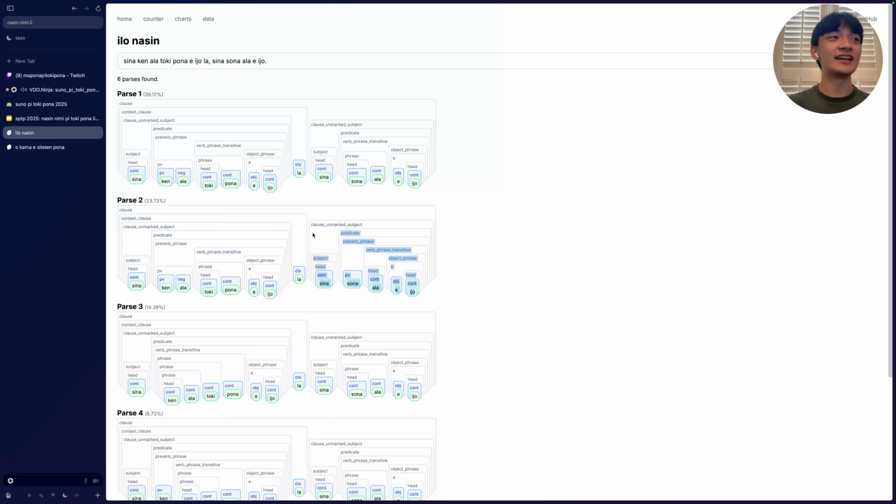So this is less sensical than this first parse. So a heuristic that I developed is able to rank all these parses and basically look at the best one that is most likely to be the real parse that a human would think is true.